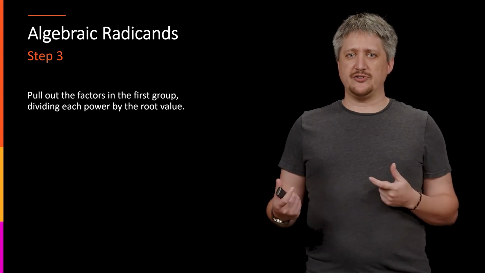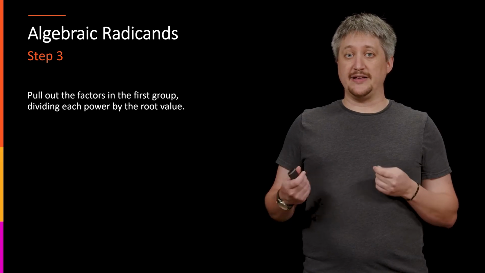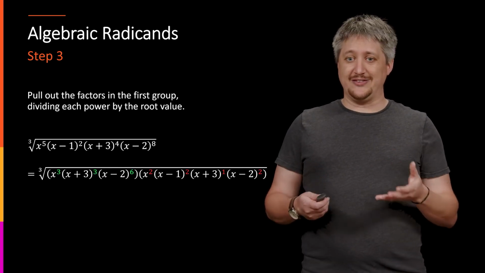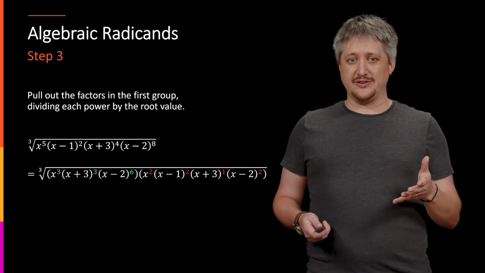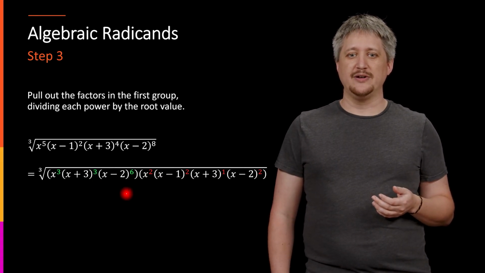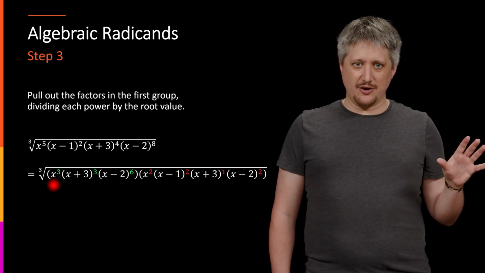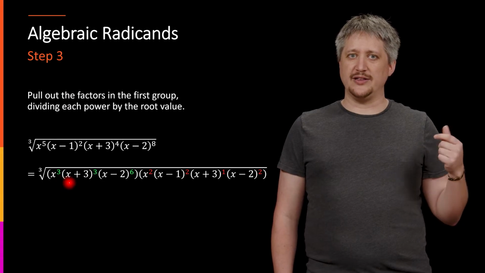I'm going to pull out factors of that first group, and as I do that, I'm going to divide each power by that root value. So this is where I was a second ago, with having split this up with the green part and the red part. But now I'm going to pull out each of these initial factors, leaving them as they are, except I'm going to also divide the power.